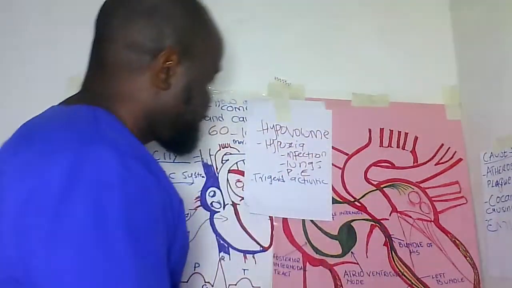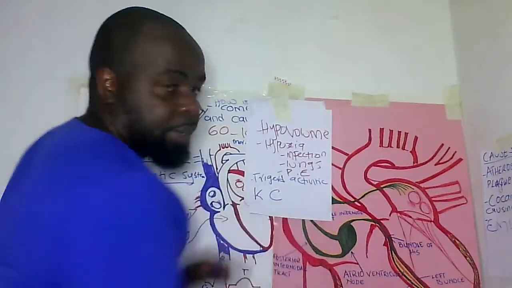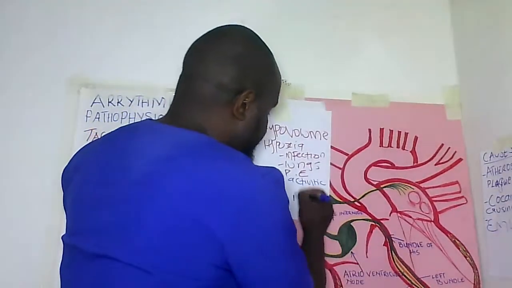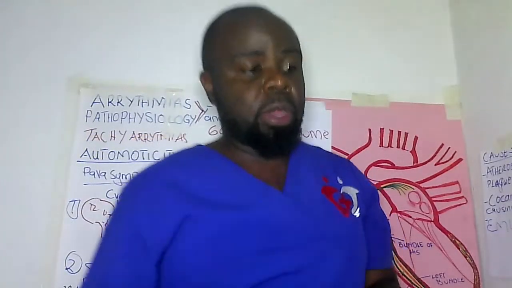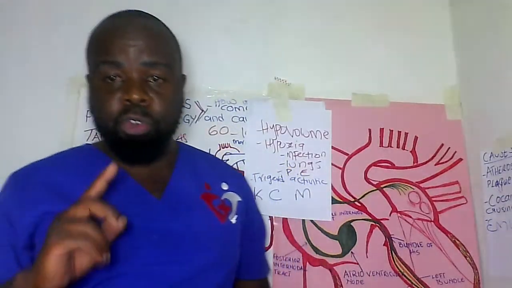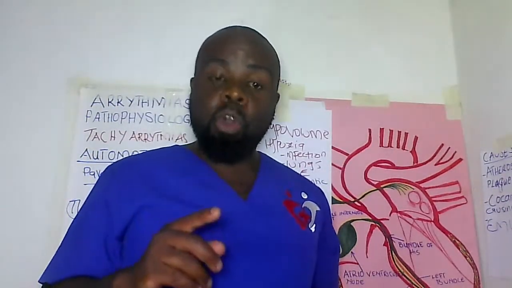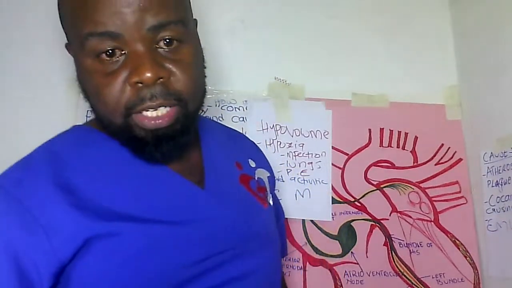Electrolytes are like potassium, calcium, and magnesium. What can make you get these problems? It is important to know what can make your heart beat so fast. What do you do to yourself to make your heart beat so fast?